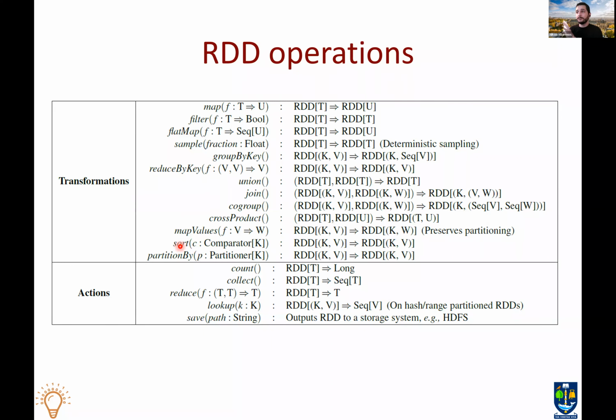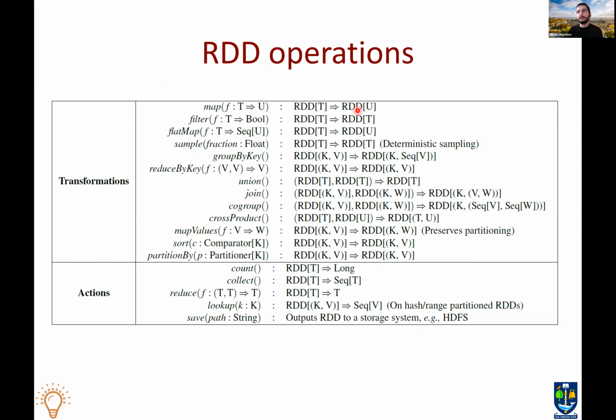You have your transformations, and every transformation takes one or more RDDs and produces an RDD in the output. And actions take RDDs and either produce a value in the output, a value that can be, let's say, printed on screen, or they store stuff on disk. So there is some kind of output.